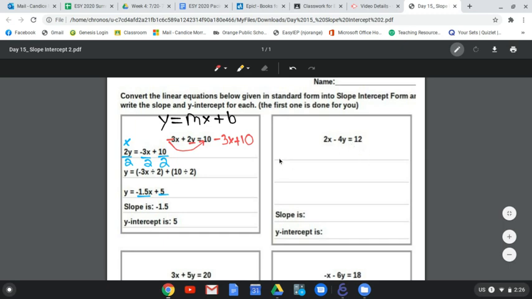So we're going to leave the 12 there for now, and we're going to do 2x minus 4y. I'm just going to rewrite it right now, and then I'm going to show you what we're doing. Equals 12. Now, we see that this is minus, right? So if it's minus, what's the opposite of minus? Addition.